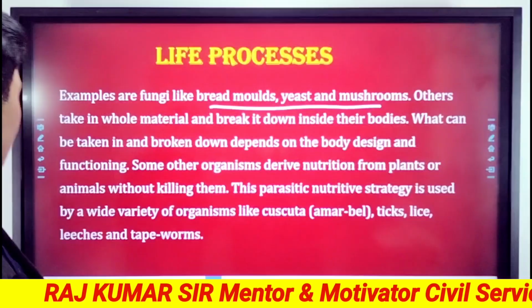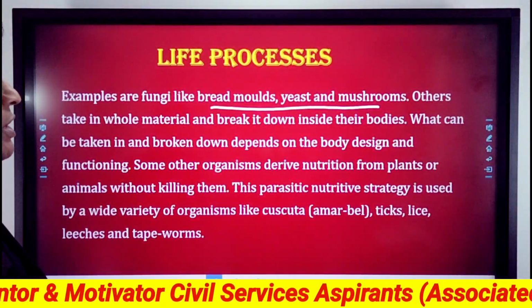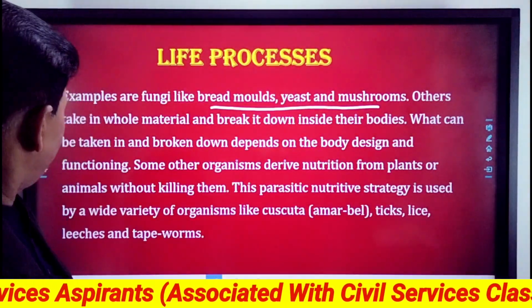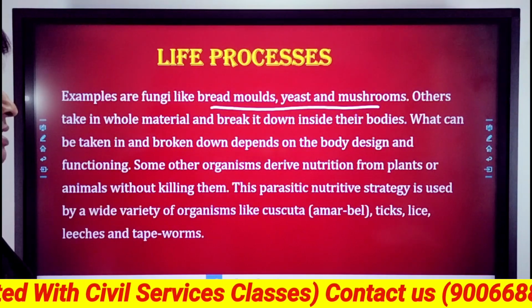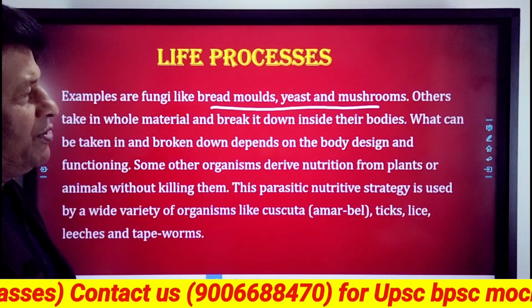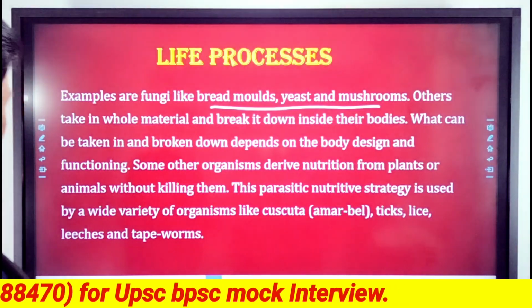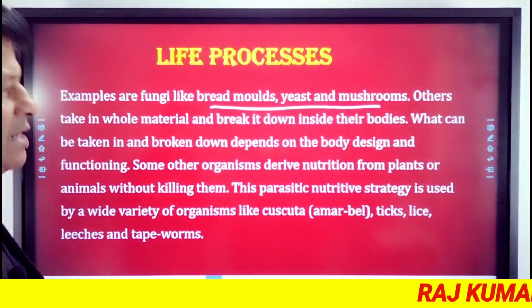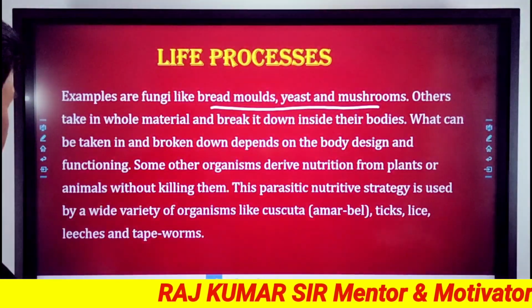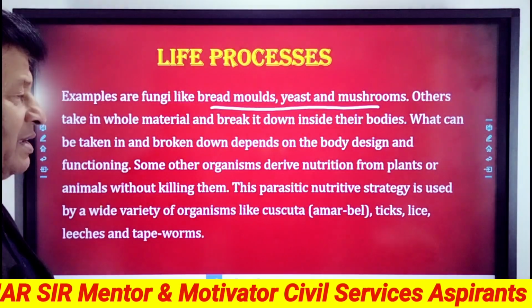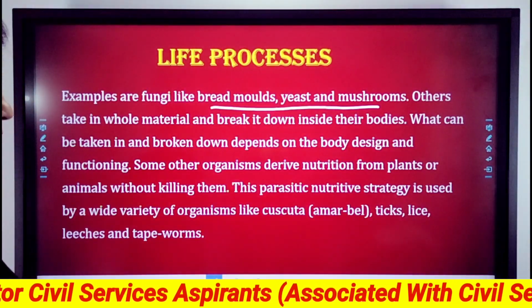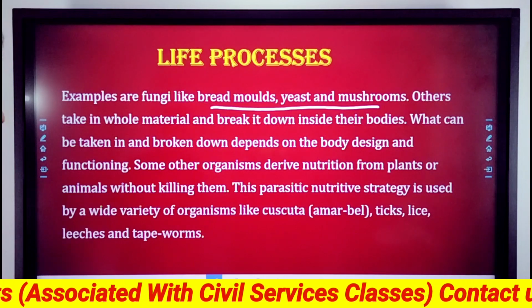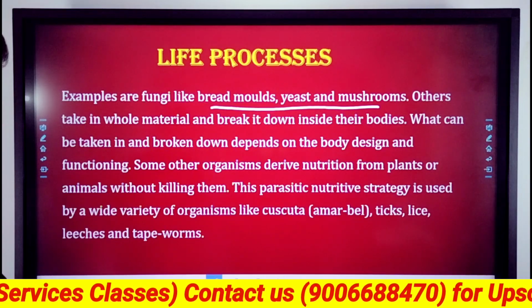What can be taken in and broken down depends on the body design and functioning. Some other organisms derive nutrition from plants or animals without killing them. This parasitic nutritive strategy is used by a wide variety of organisms like Cuscuta, amoeba, ticks, lice, leeches and tapeworms.